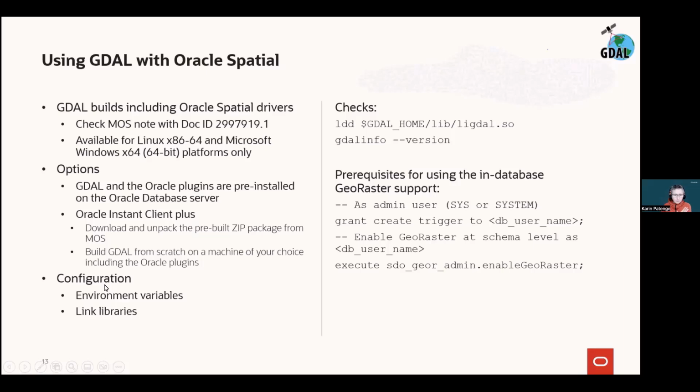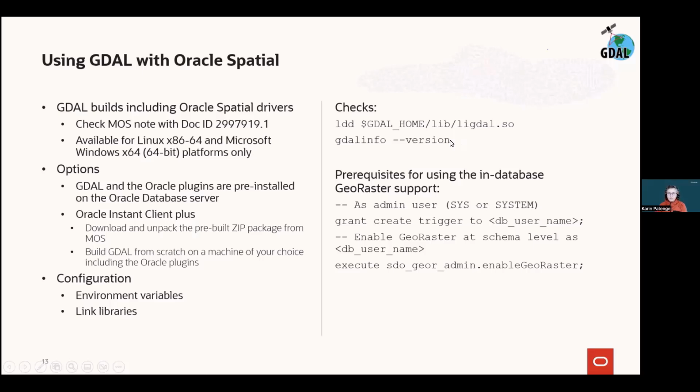As for the configuration, you actually don't need to do much. You need to set environment variables and you need to link libraries. When it comes to the libraries, you can check whether there are any missing links with this statement, ldd GDAL home lib libgdal.so.